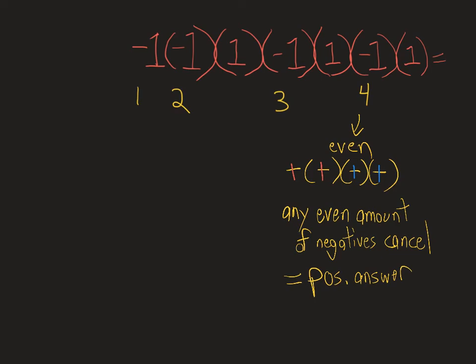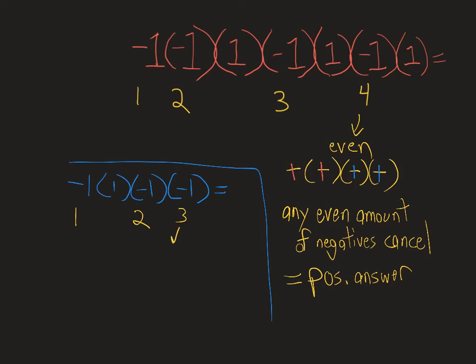And then on the other side, if we had a different problem, something like this, we would say there's 1, 2, 3 total negatives in the problem. And in that case, since 3 isn't an even number, 3 is odd, that means we're going to end up with one of those 3 not having someone to pair with.